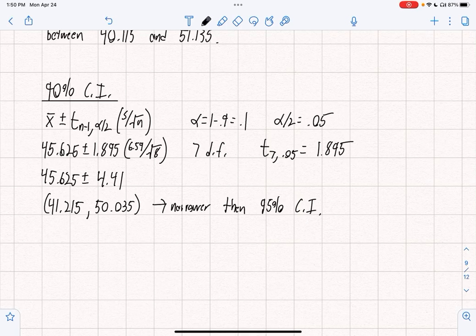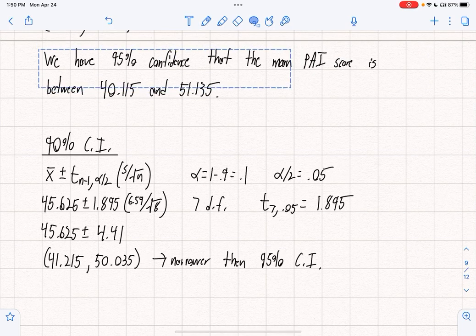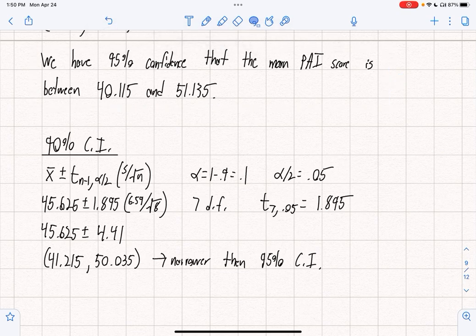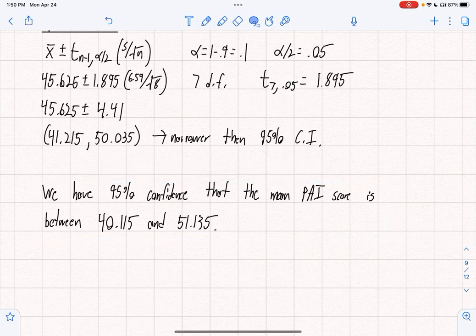That makes sense because we know that as we increase confidence, the interval becomes wider. Then, of course, if we want to interpret this: instead of 95% confidence, we now only have 90%, and our interval ranges from 41.215 to 50.035.